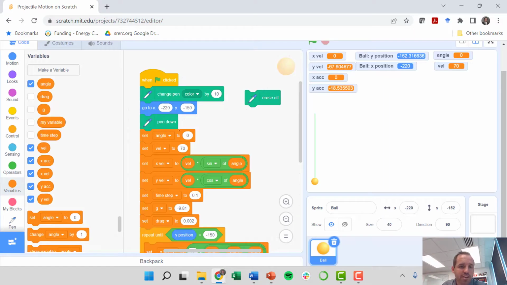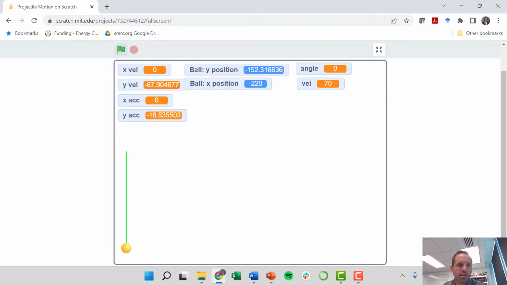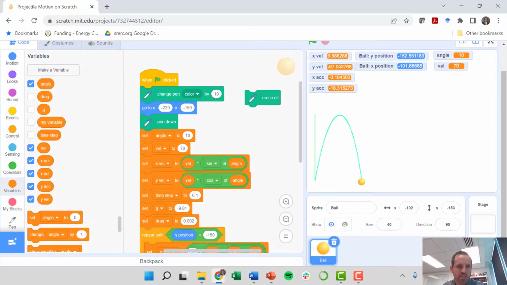Okay, now let's give it a launch angle of 10 degrees, and see what happens. So when we launch it at 10 degrees, we get a new y position and x position from that. Great. Let's go back to our code.